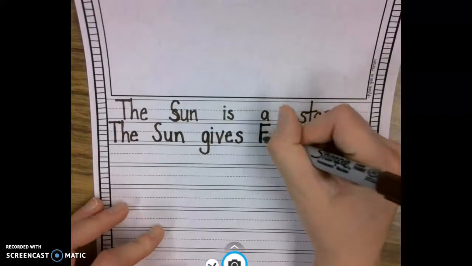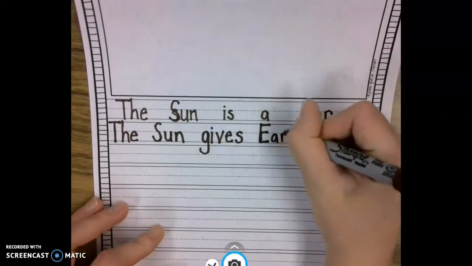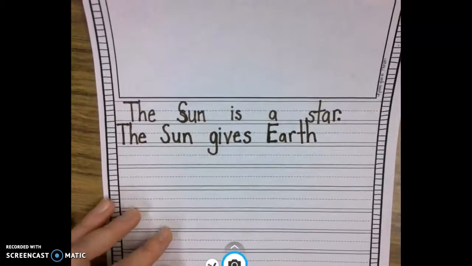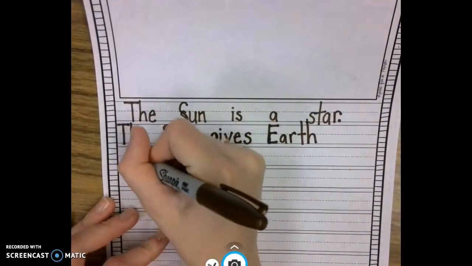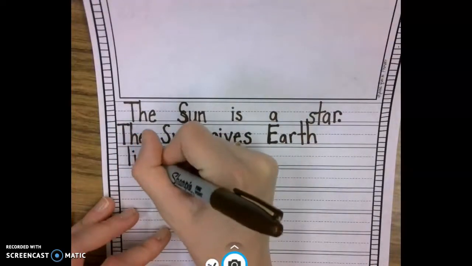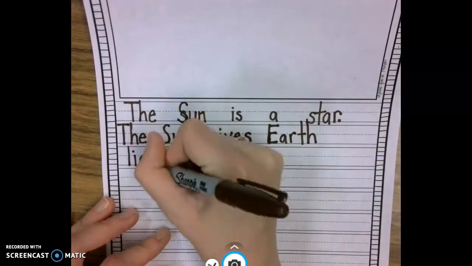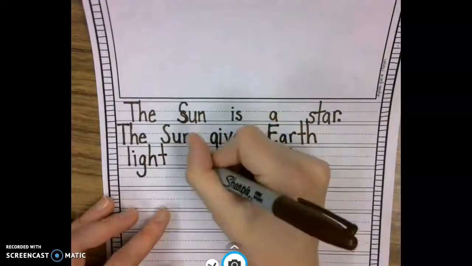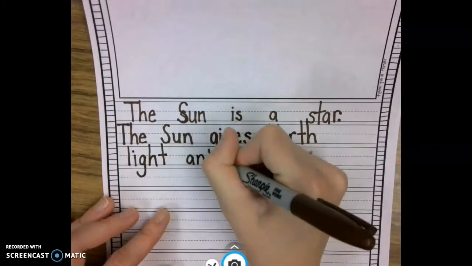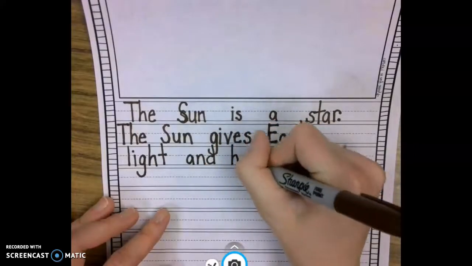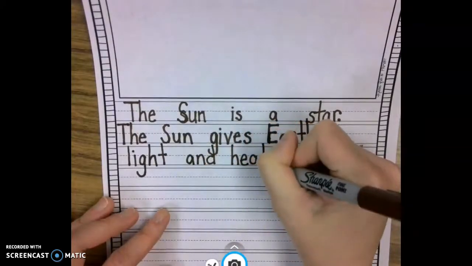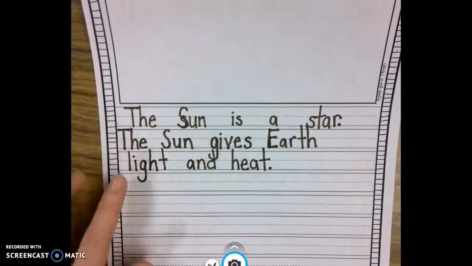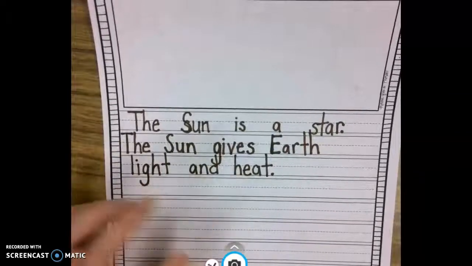Earth is a name. That's where we live. The sun gives earth light. I'll help you spell that one. That's pretty tricky. L-I-G-H-T, light, and heat, warmth. Otherwise the earth would be very cold without the sun's light. Okay? So this is my next sentence. The sun gives earth light and heat.